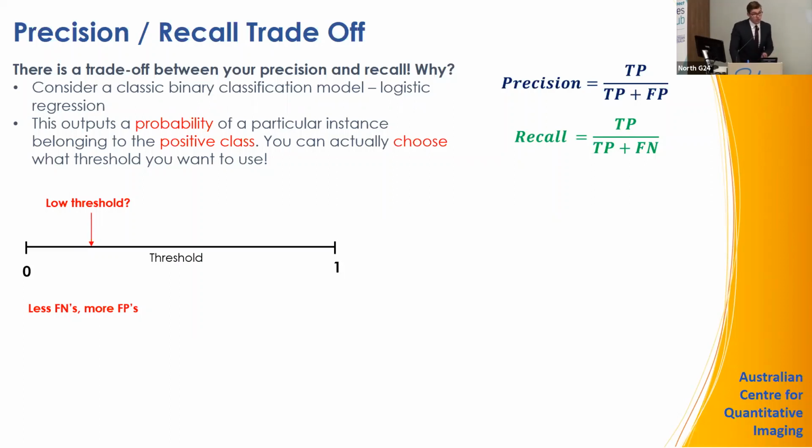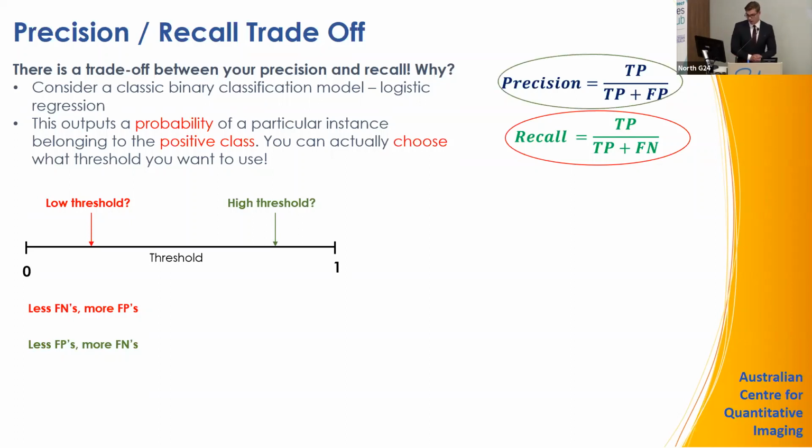If you choose a low threshold for classifying that positive class, you will have less false negatives and more false positives. And in this case, you'd be prioritizing your recall or sensitivity. However, if you have a high threshold for predicting the positive class, in this case, you would expect less false positives and more false negatives, and you can prioritize your precision in this instance.